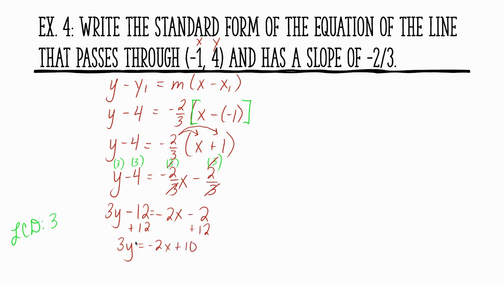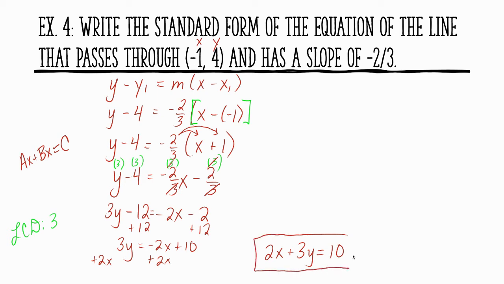Now to make this into standard form, which looks like this, we need to bring this negative 2x over, and we have a positive 2x plus 3y equals 10. And this is our standard form of the equation of the line when we are given 1 point and the slope.